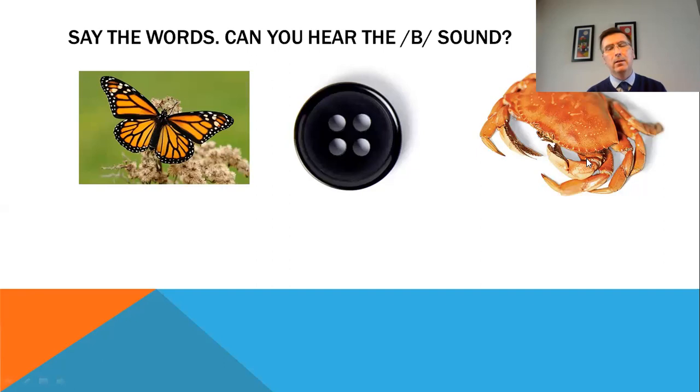Or at the end? The next word is button. Can you hear the B sound? Where is it? At the beginning? In the middle? Or at the end? And the last word is crab. Can you hear the B sound? Is it at the beginning, in the middle, or at the end?